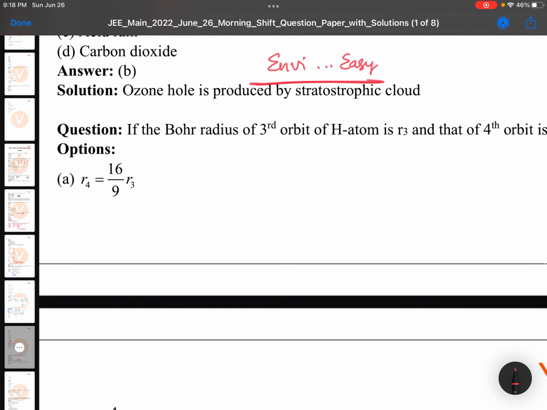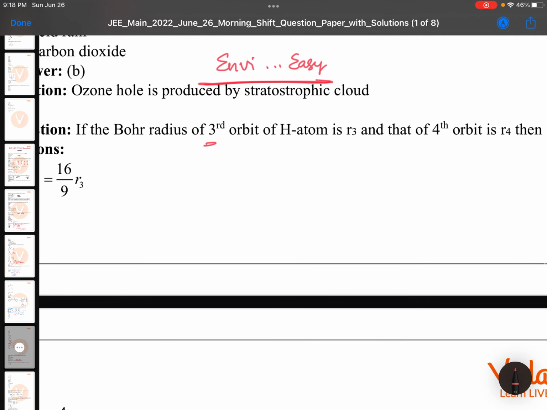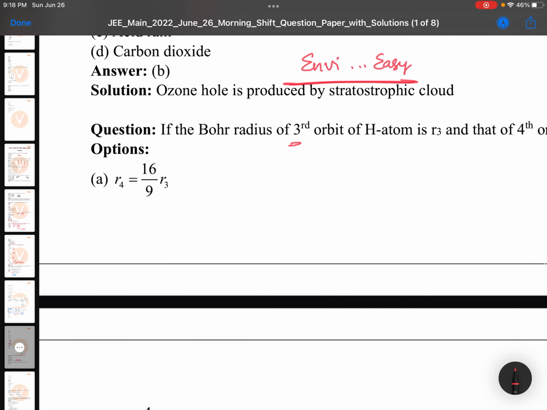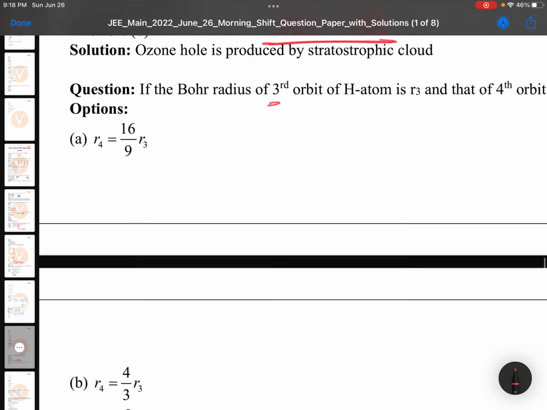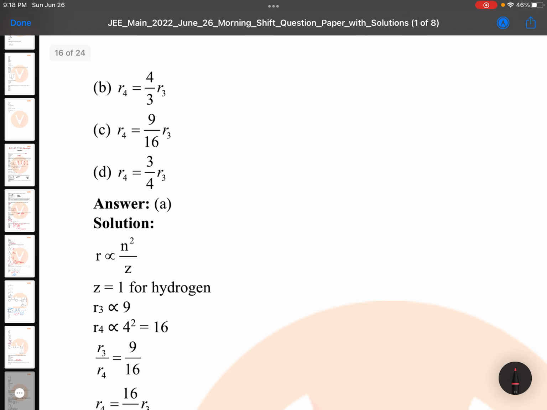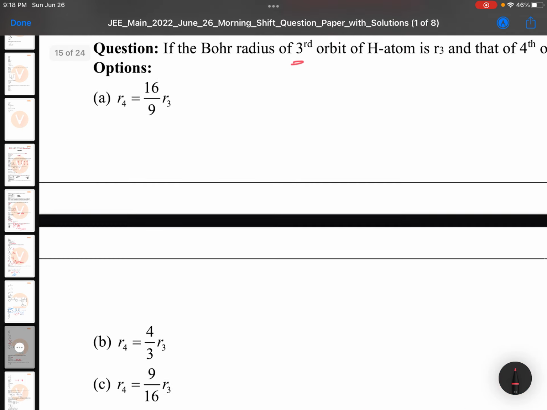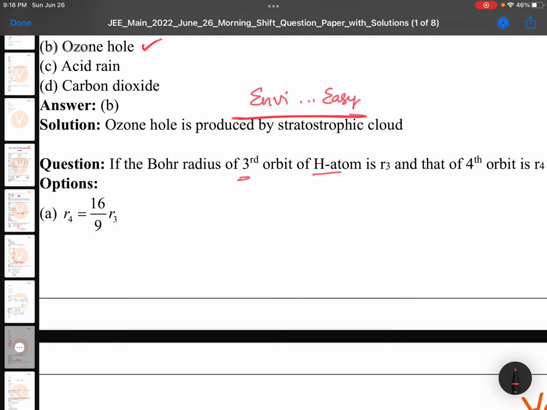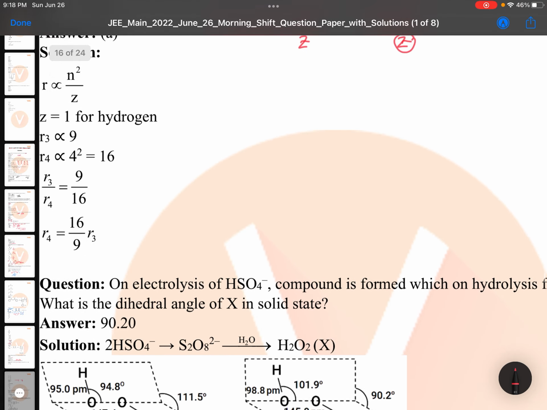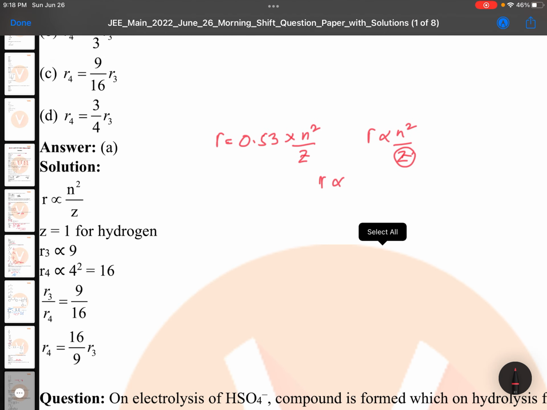If the Bohr radius of the third orbit is R3, and of the fourth orbit is R4, then the relation is, okay, these are the options given. The answer is very, very simple. R is equal to 0.53 n square by Z. Means R is proportional to n square and inversely proportional to Z. So the atomic number is the same, because only the hydrogen atom is mentioned, so in both cases it is the hydrogen atom, and there is no need to take Z. R is proportional to n square, R1 to n1 square, R2 to n2 square.